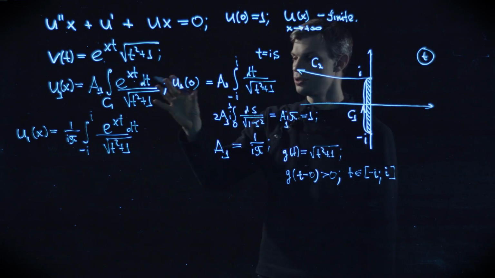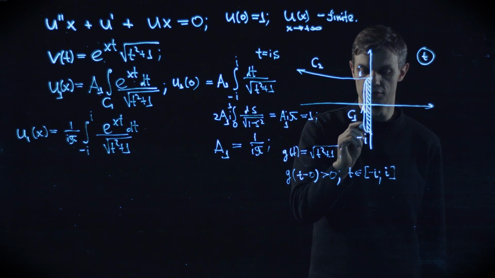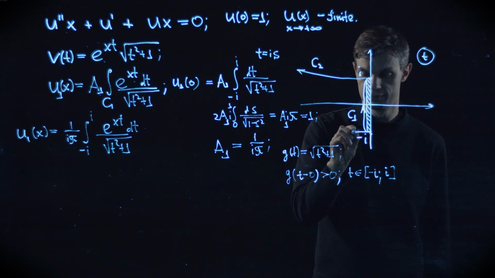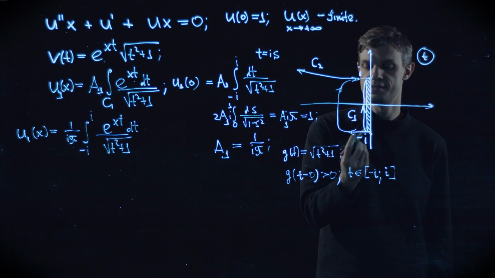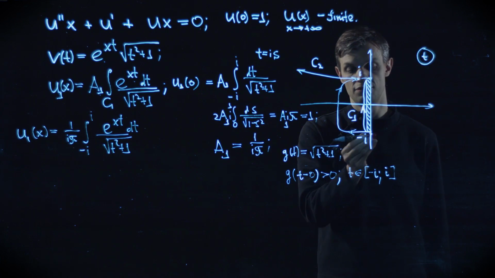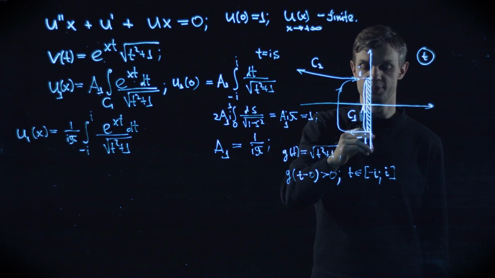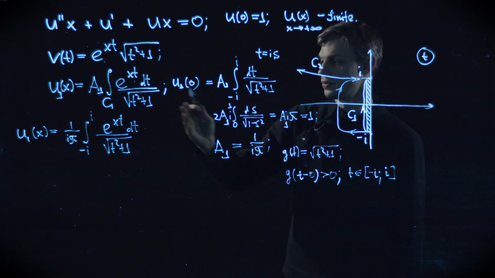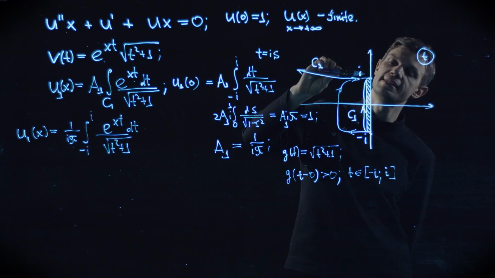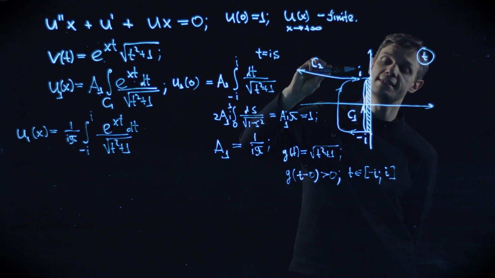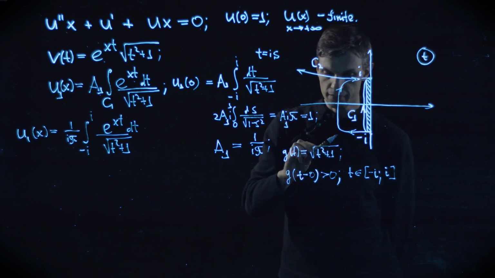So in order to compute the asymptotics of this integral, we just deform the contour into the following curve, like that. This is the steepest descent direction when we descend from this endpoint along the relief of our exponent function. And this is the steepest ascent direction. So we just go to this maximum point as well.